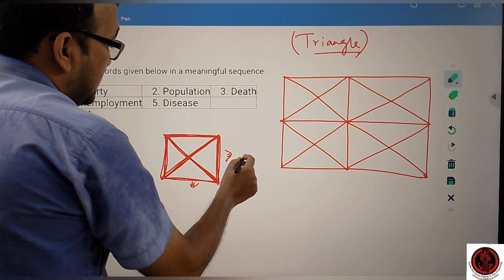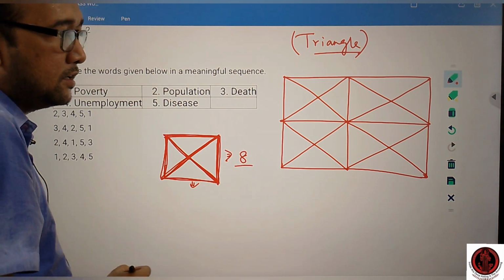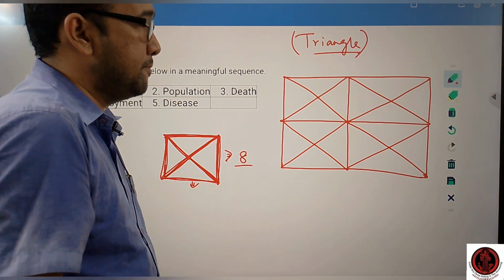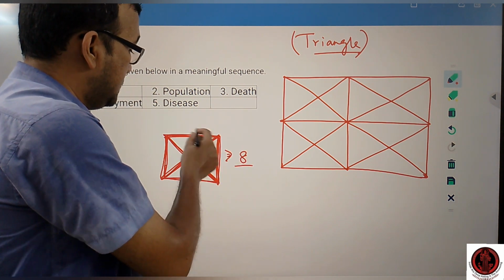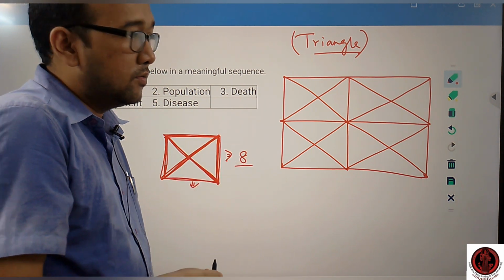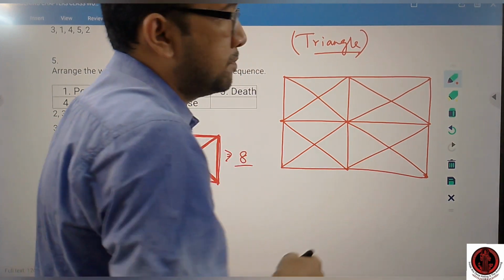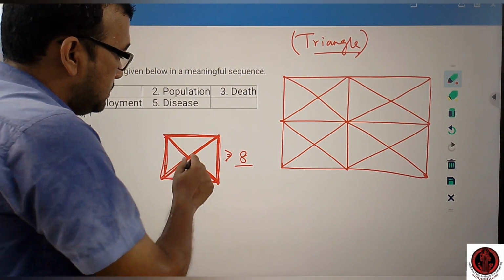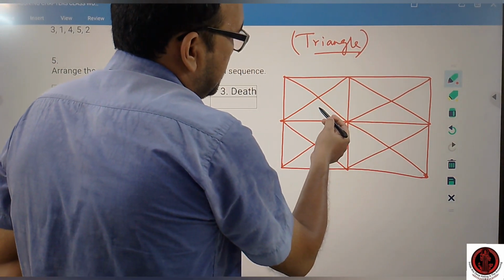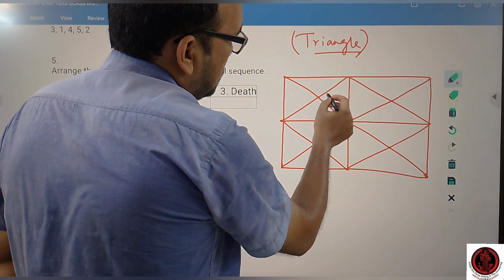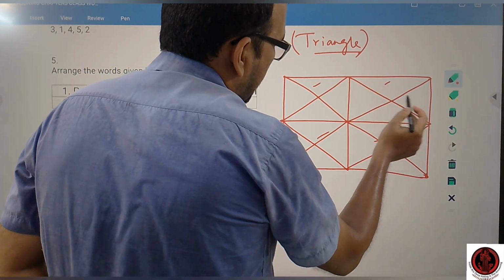So in this diagram, total 8 triangles are there. Now you have to identify how many times this smallest part is repeated in the bigger figure. Just count 1, 2, 3, 4.